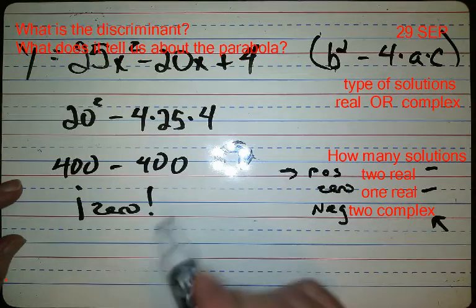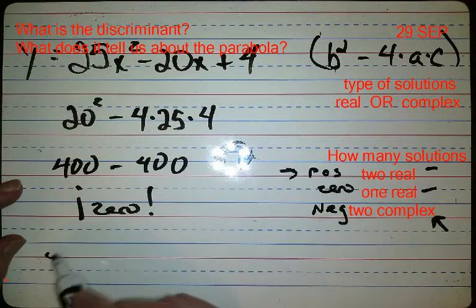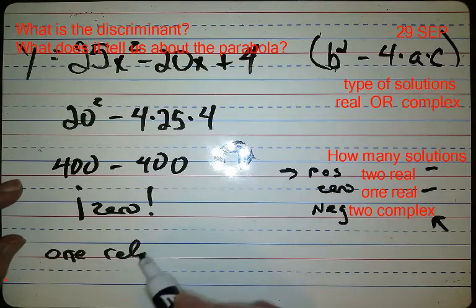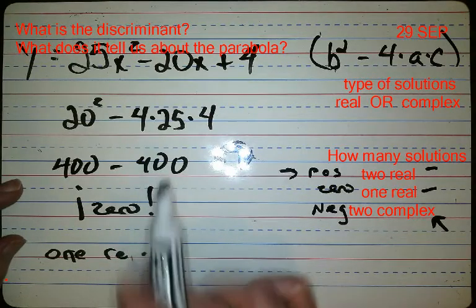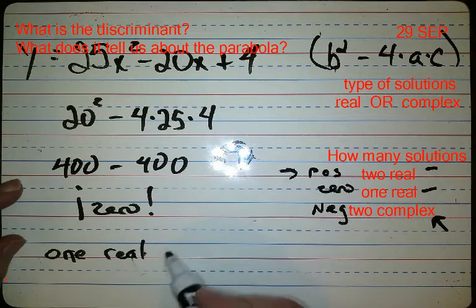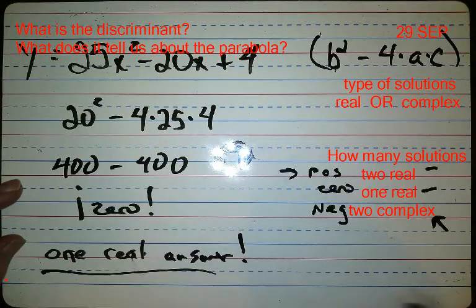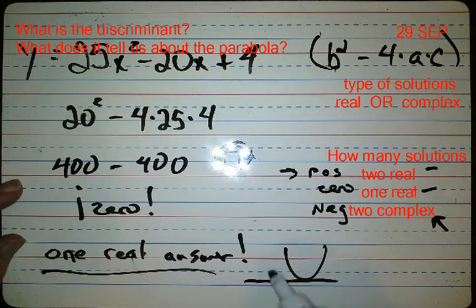All right. What do I know? That there's one real answer. Yay. All we have to do is, you don't have to find the answer. This is a problem where it touches the axis in one spot.